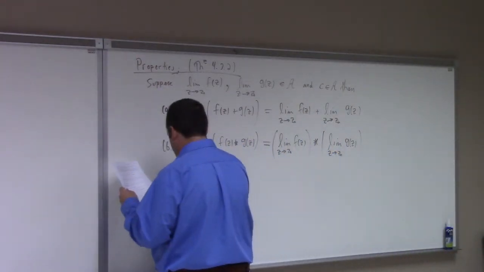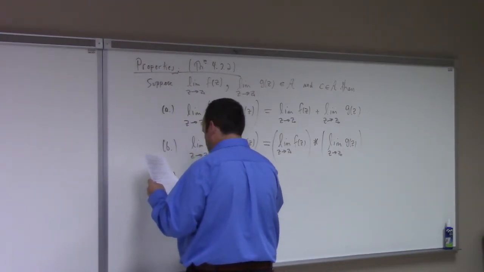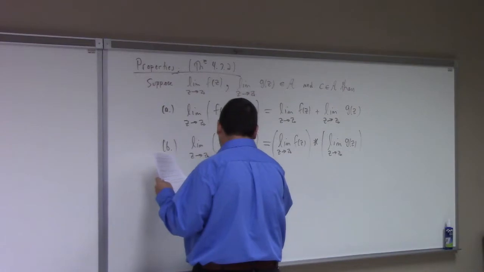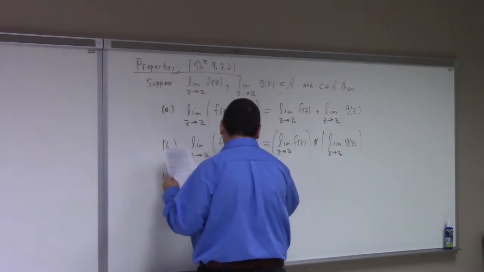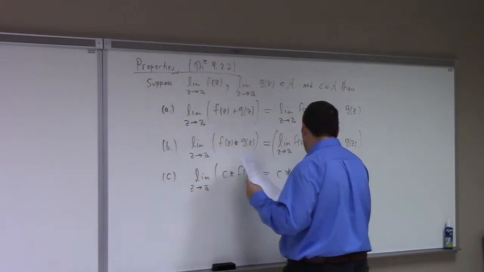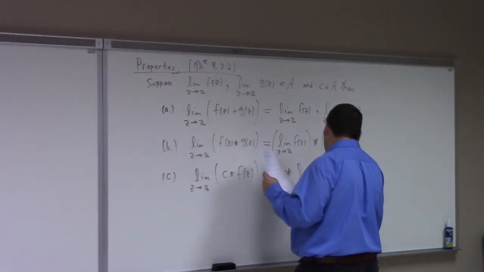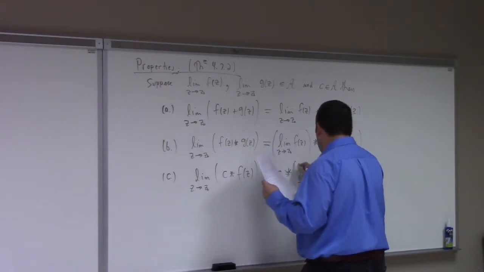C, the limit as z goes to z naught of a constant times the function, where the product here is the product in the algebra. Well, you can also pull out the constant from the limit and multiply it in the natural way like this.